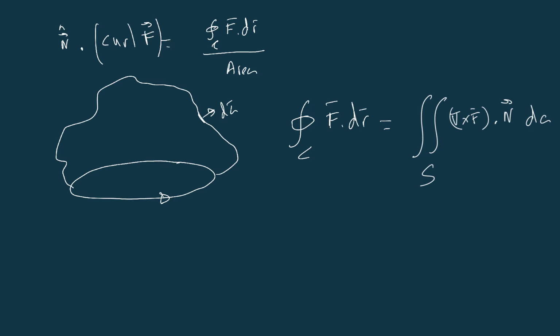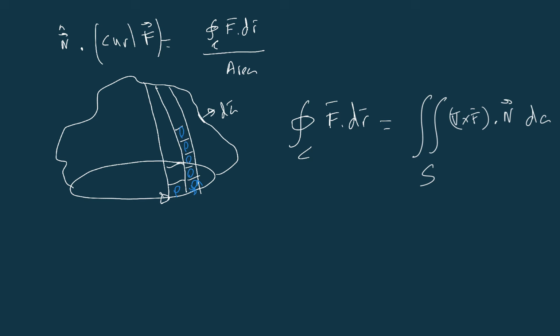It says more or less that the tendency to rotate through the circle is the same tendency if you divide the surface into small regions and you consider the circulations over every small region.